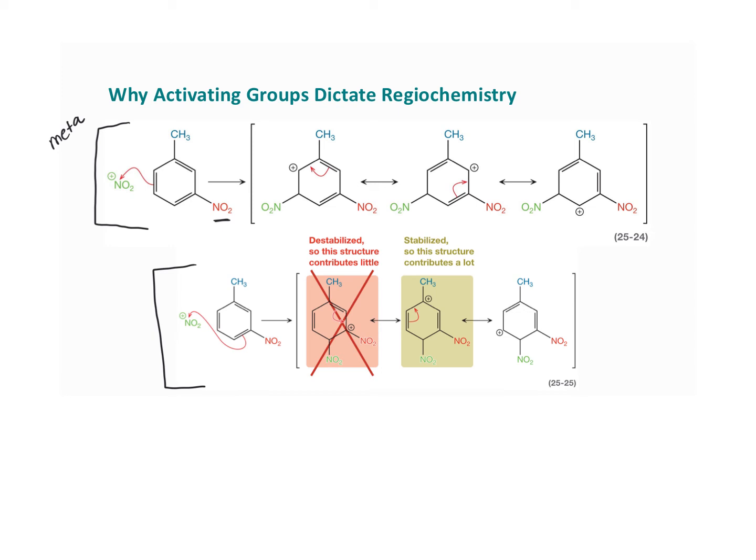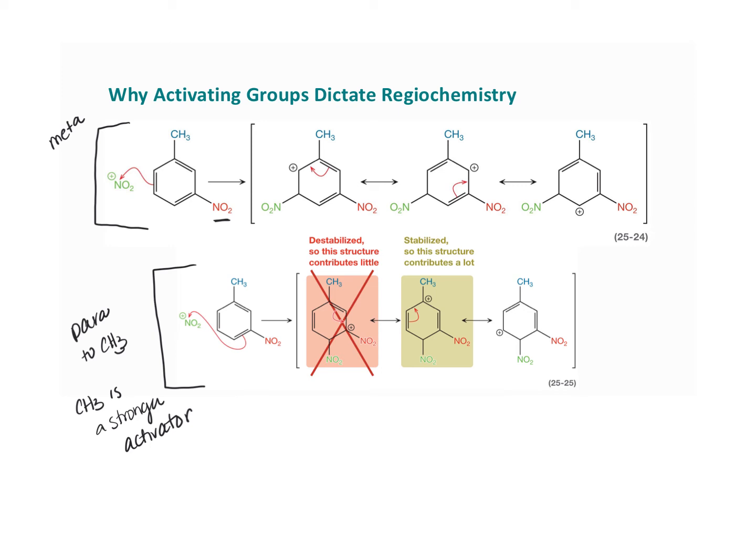And then here in this bottom part, this is adding in the para position to the CH3, right? And remember on the previous slide, we said, look, CH3 is a stronger activator. And so it is more likely to guide the substitution, and we can look at resonance structures to see this.